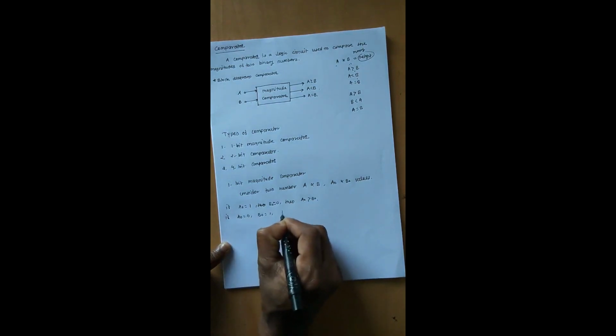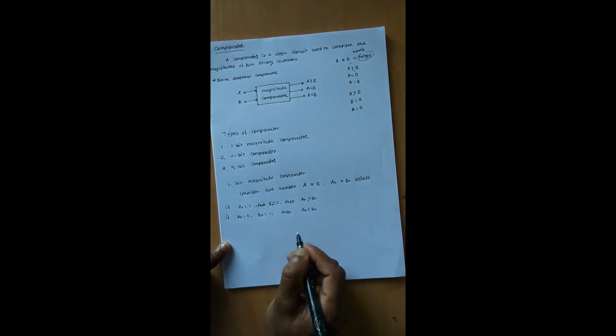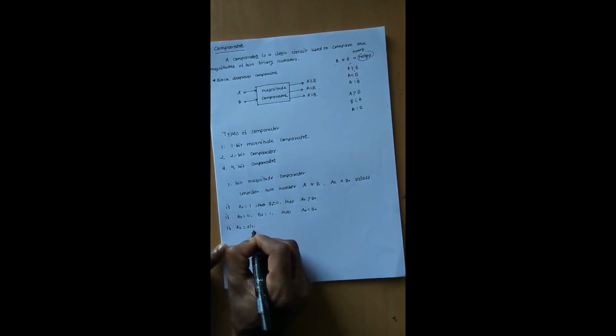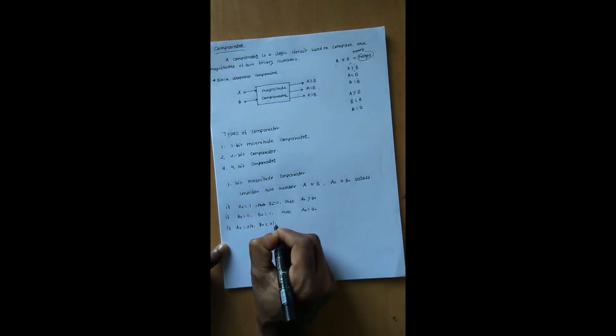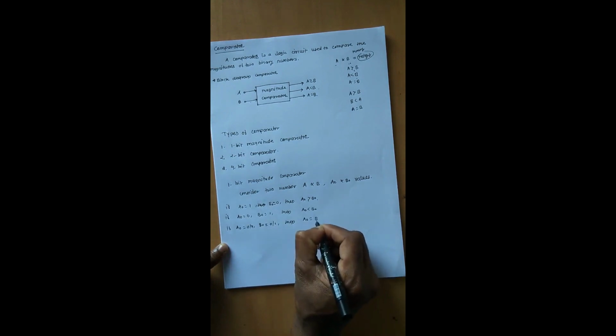This is the first outcome. If A0 is 0 and B0 is 1, then A0 is less than B0. This is the second outcome. And if A0 value is 0 or 1 and B0 value is the same, then A0 is equal to B0. These are the third possibilities of the single bit comparator.